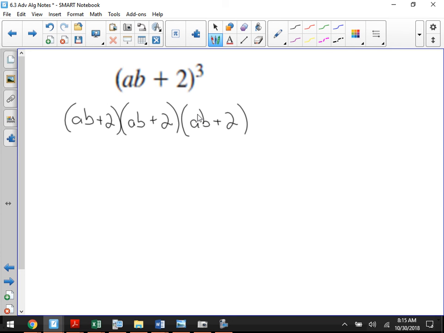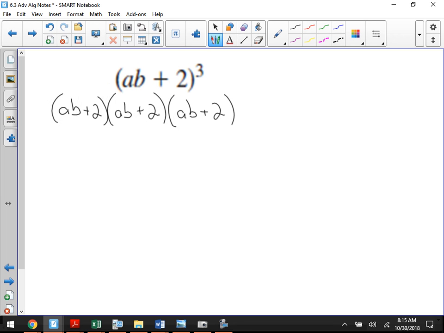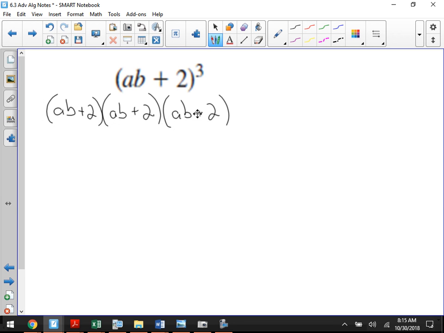I'd always take care of the last 2 of them first by FOILing out, and then distribute that first one. That would be the easiest way to do that, instead of trying to do all the extra math. Oh, I'll walk through it. It's not a big deal. So if I FOIL out the other side, we're going to get a squared, b squared, plus 4ab plus 4.